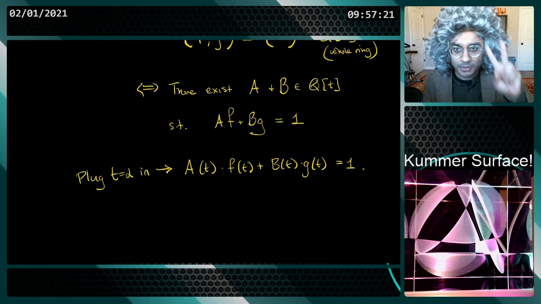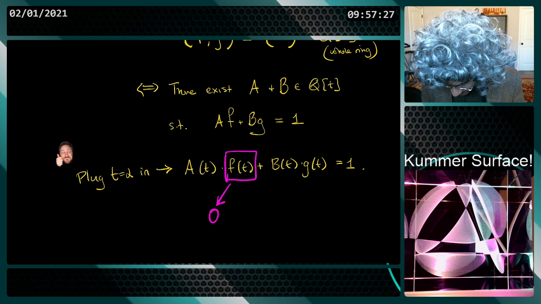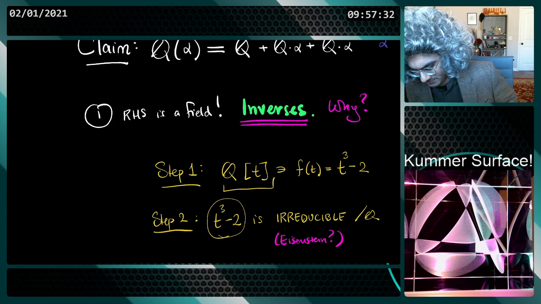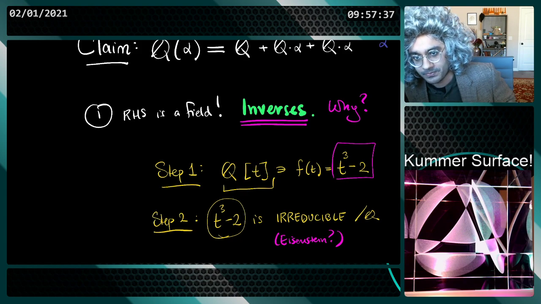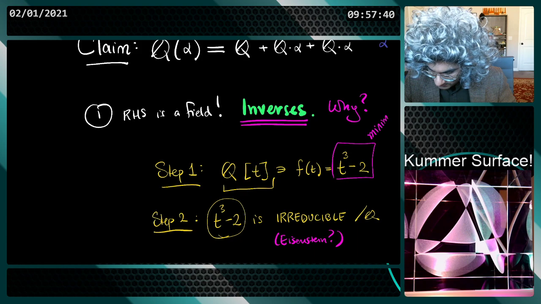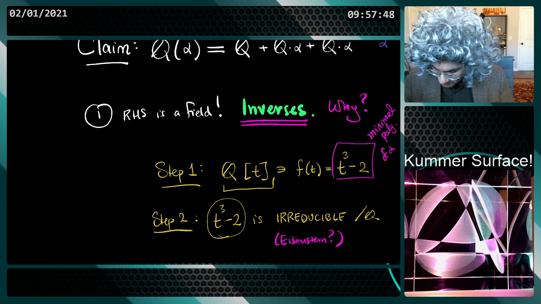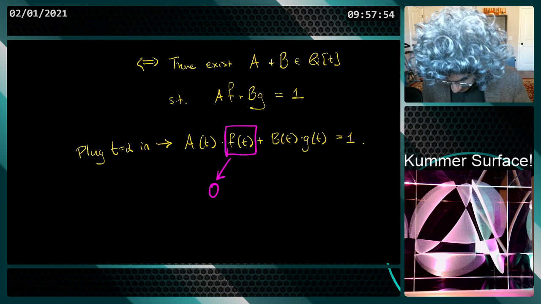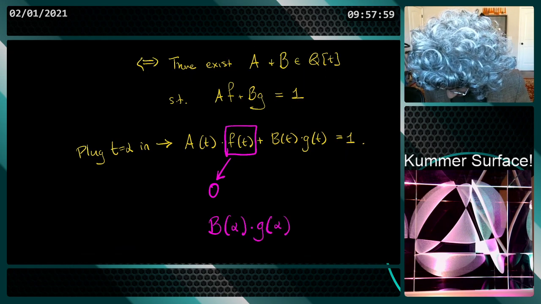Notice that when you plug in t equals alpha, this thing goes away. That's why I chose this f to begin with. And this f has a name: it's called the minimal polynomial of the element alpha. This thing goes away, and what are you left with? You get this times this equals 1.